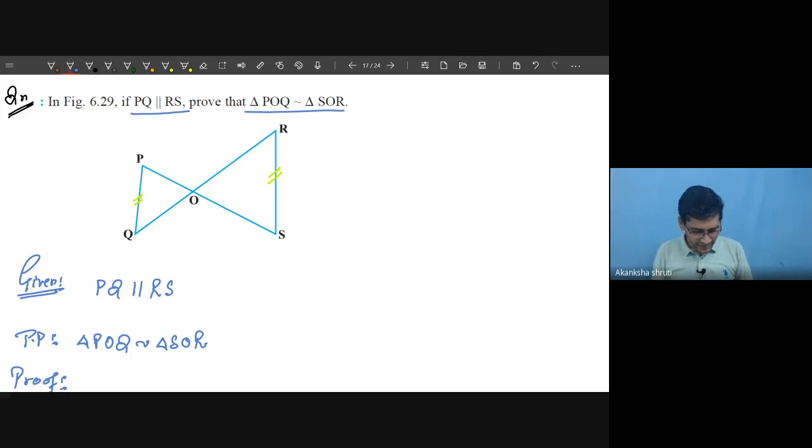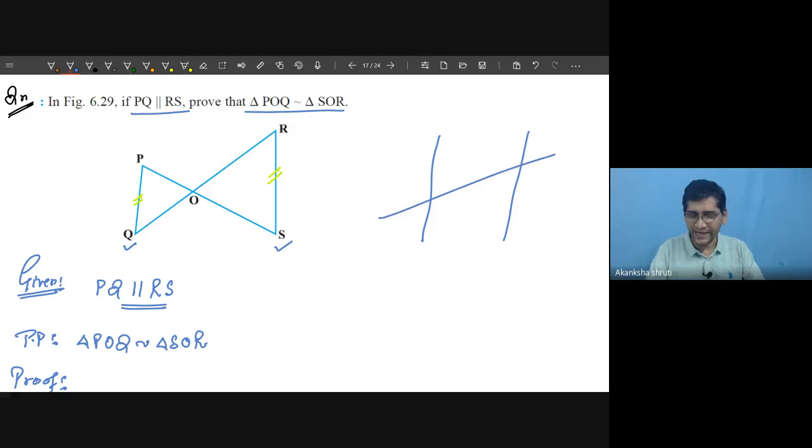Okay. So before writing, let us understand. So here it is given that PQ is parallel to this RS. This is given. Similarity has to be proved. So it is not talking about the given condition in similarity, but in the parallel condition. So while two lines are parallel, if we consider these two lines are parallel and this is a transversal, then what can we write?